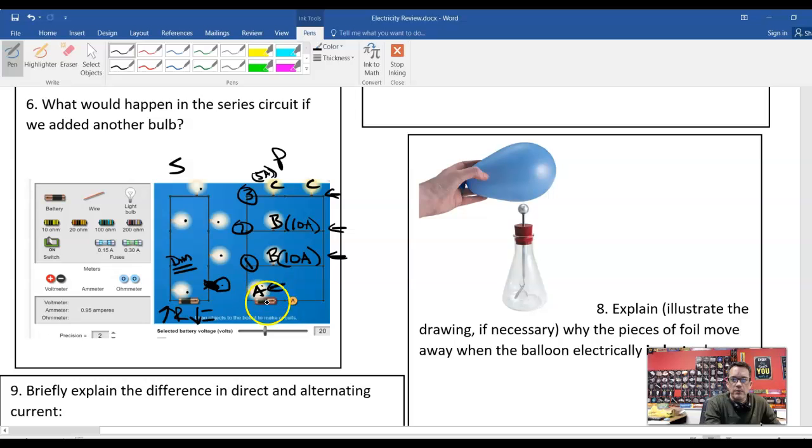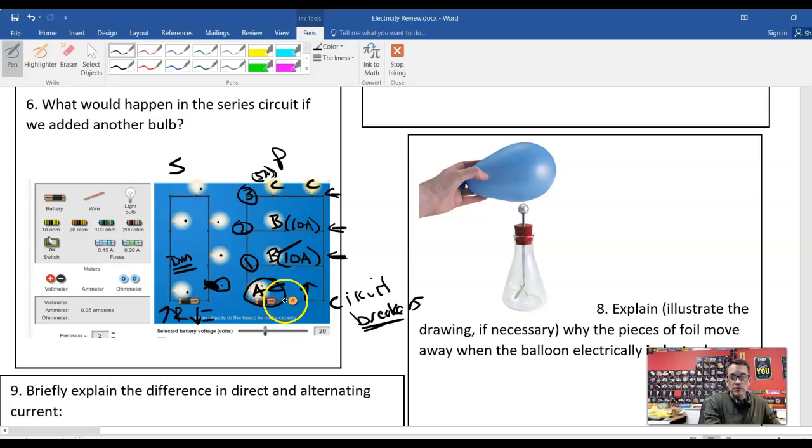With a parallel circuit, oftentimes the more branches we add, the higher the possibility is for us to get more and more current right here, which is why we discussed the idea of having circuit breakers in case we get too many things running at the same time on a parallel circuit, because every time we turn something on, it's going to make the current go up through this portion down here.